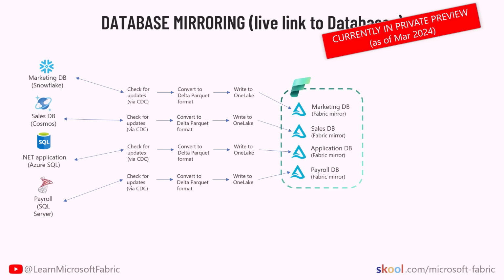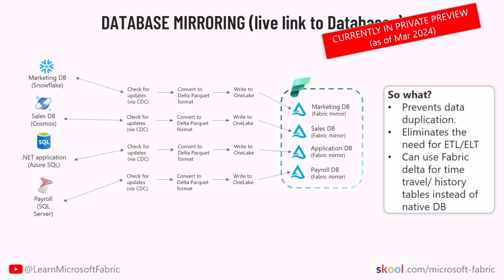And it uses a protocol called change data capture that these databases have within them that allows them to pass updates to Fabric. And what that means is that any updates that you make in the source location, in your Snowflake database, for example, are automatically written into your Fabric mirror of that data set. So again, it prevents data duplication, and it also eliminates the need for ETL.